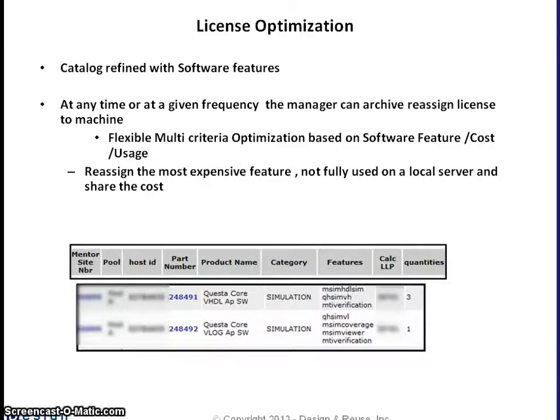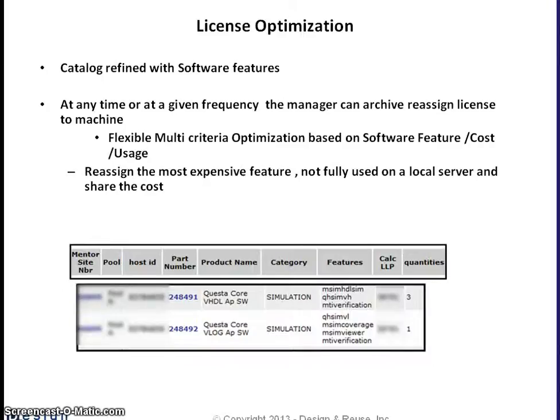And then if it's not very extensively used, he will suggest to the new demander to share this license on the local server. So he will move the license on the local server and say to the demander, now you can use the feature you need within this product. So it was a very clever experience we made with Alcatel-Lucent.